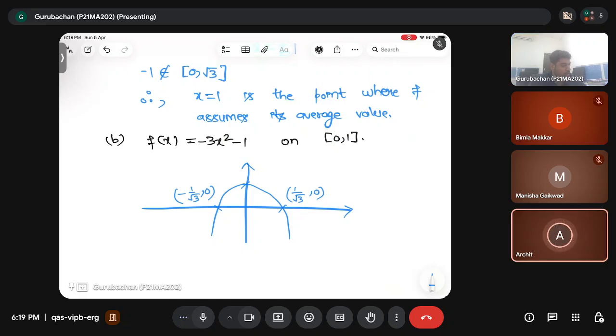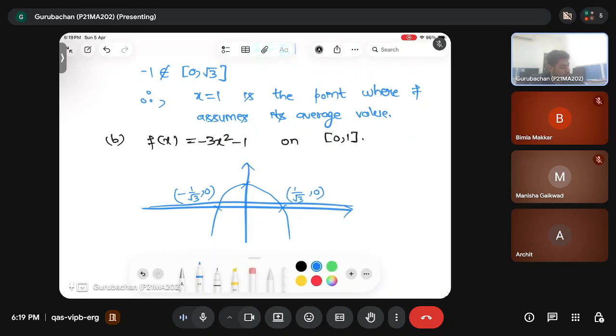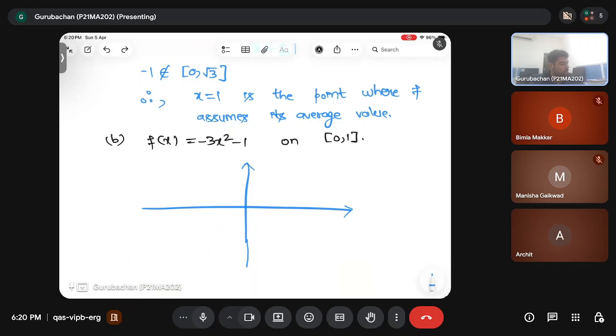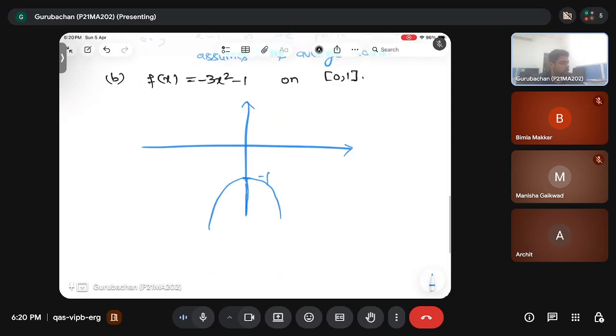It will be below the origin, it will not cut. So it will be like this. At 0 it will be minus 1, and like this, right?